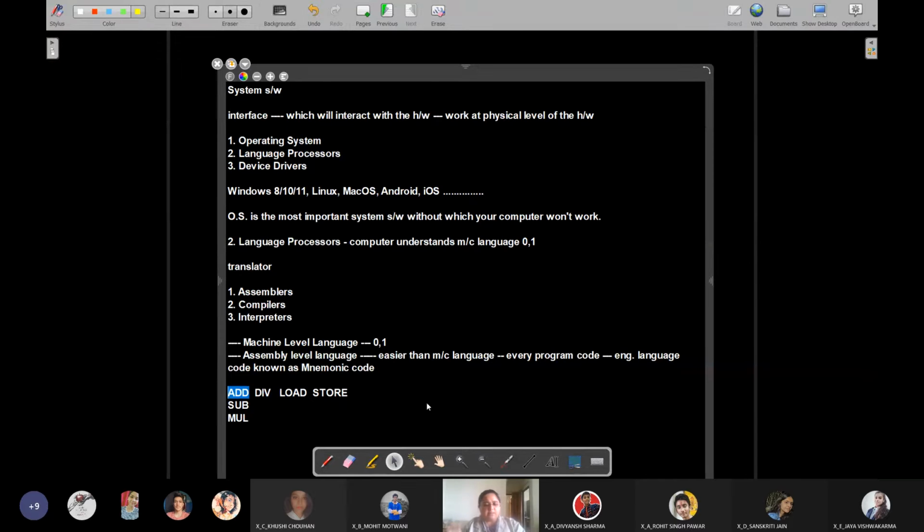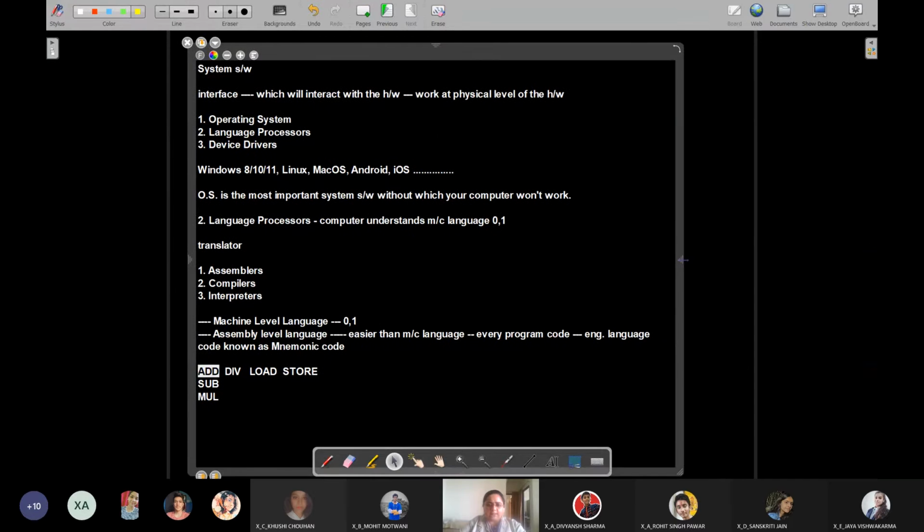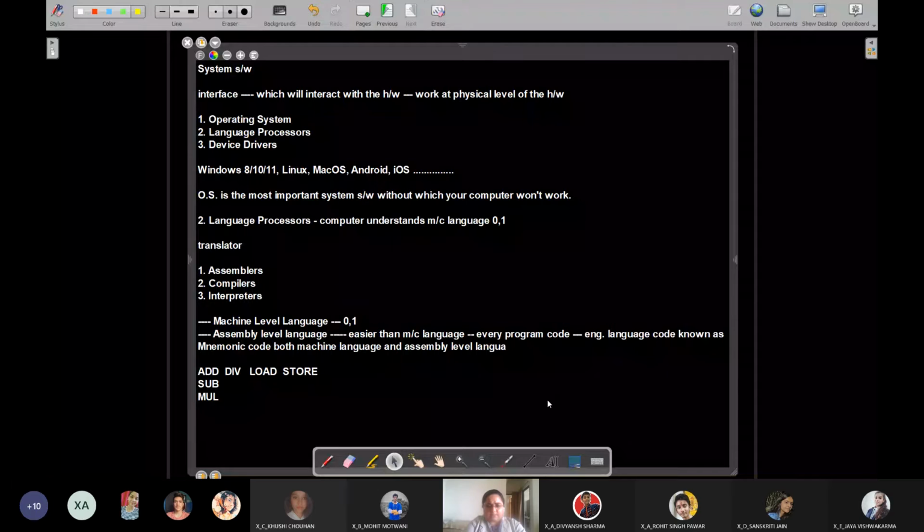Let me tell you that machine level language and assembly level language both work at the physical level. That is, they work closer to the hardware, or we can also say that they actually drive the computer's hardware. They make the computer's hardware work, right?